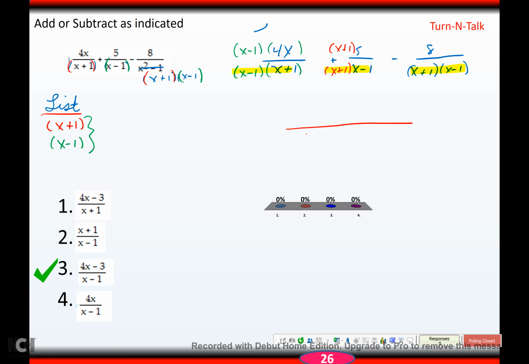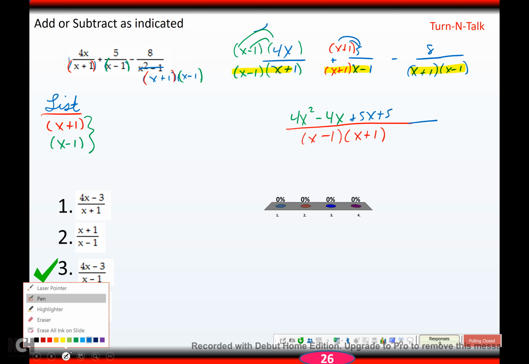Keep that denominator, which is going to be x minus 1 times x plus 1, and I'm going to simplify the tops. Distribute, I get 4x squared minus 4x. Distribute the 5 in the middle, I get plus 5x plus 5. And I don't have to multiply the top of the other one by anything, so just bring down minus 8.